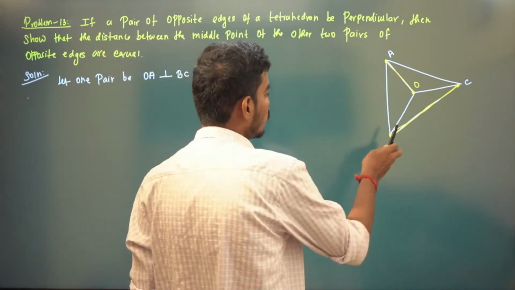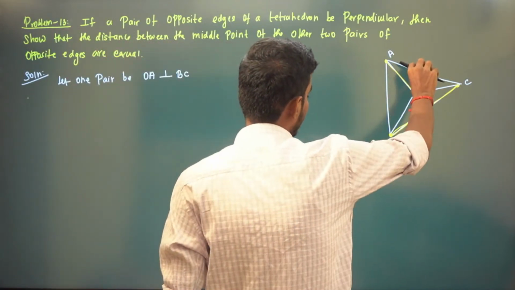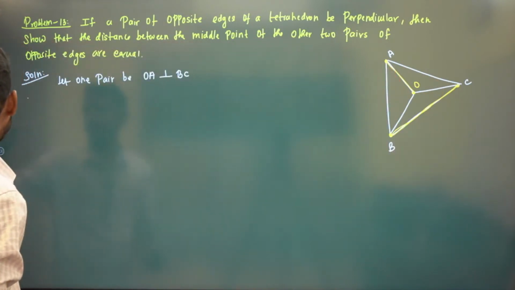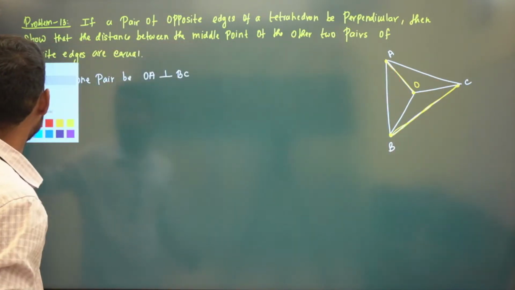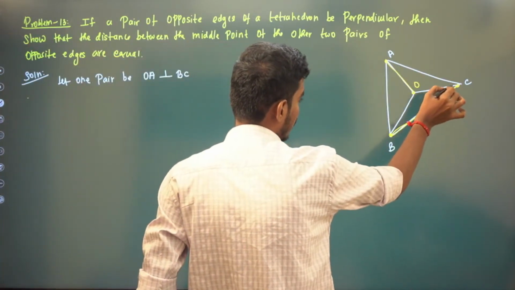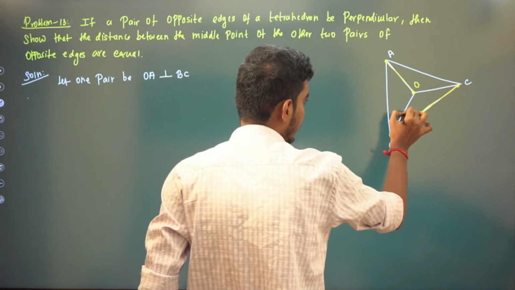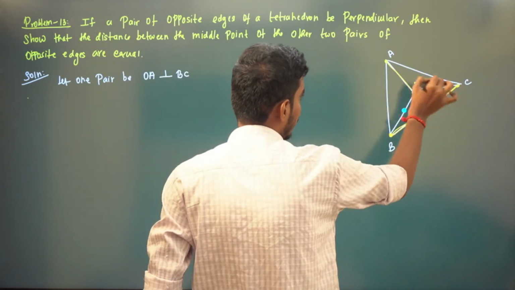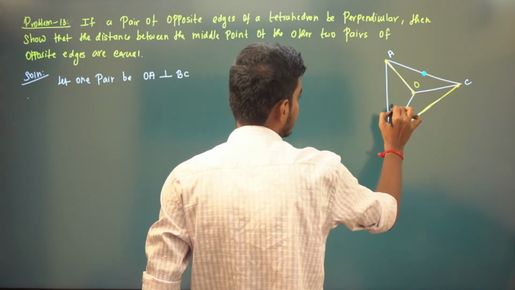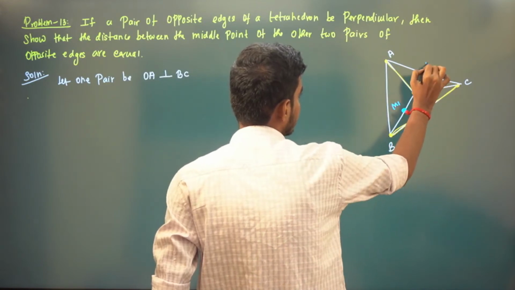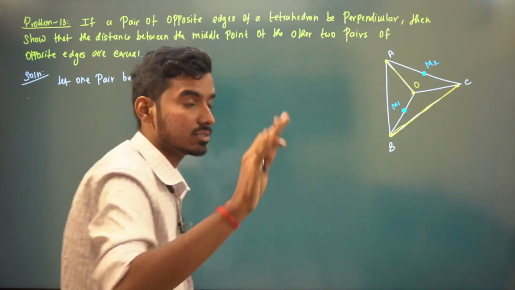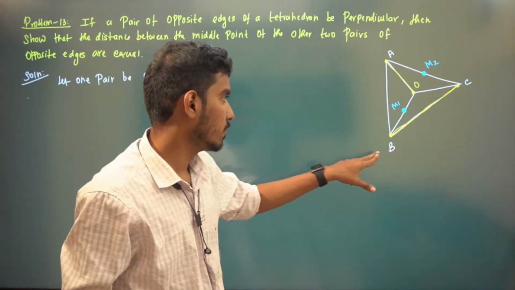So what are the other two pair? OB, AC is one pair, OC, AB is one pair. So the other two pairs are OB, AC. So middle point of OB, middle point of AC, right? Let us call this as M1, call this as M2. So we have three pairs. One pair is OA, BC.